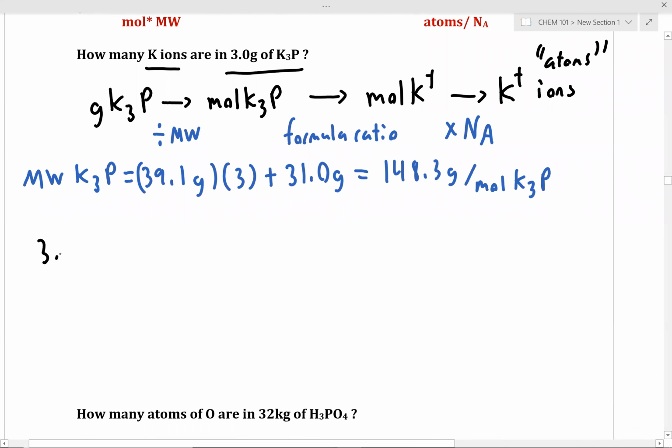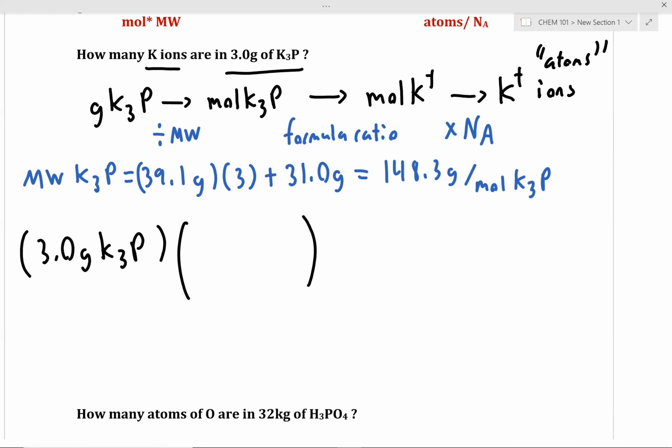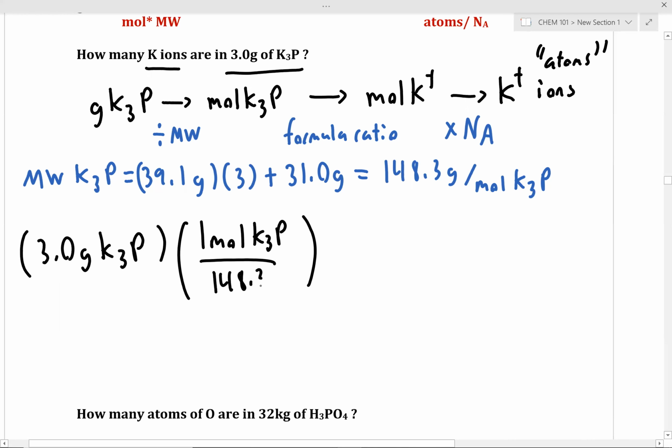We have 3.0 grams of potassium phosphide. If we're going from grams to moles, what units need to be on top? Moles. So we have 1 mole of potassium phosphide per every 148.3 grams.